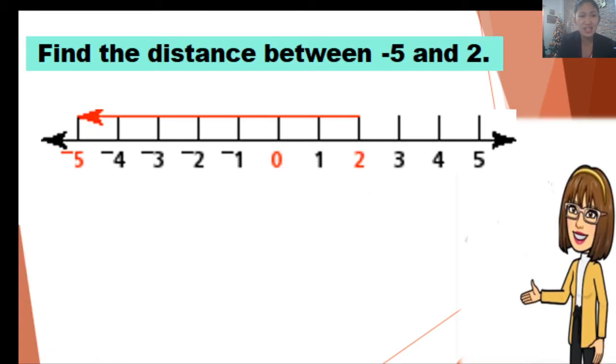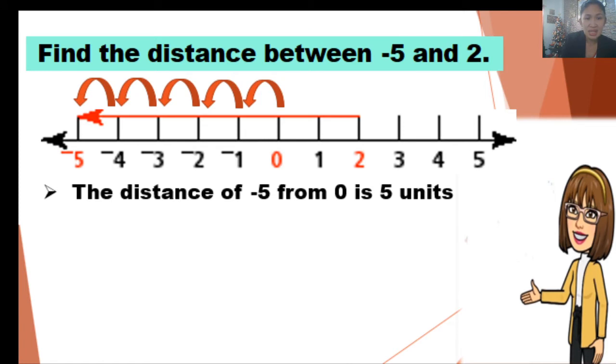Okay, let's have another. Find the distance between negative 5 and 2, or what's the absolute value of negative 5 and 2? To do that, let us find the distance first from 0 to negative 5, then add the distance from 0 to 2. Let's count: 1, 2, 3, 4, 5. The distance of negative 5 from 0 is 5. Then the distance from 0 to 2: 1, 2.